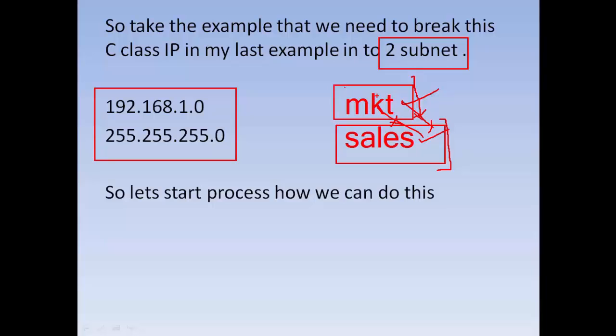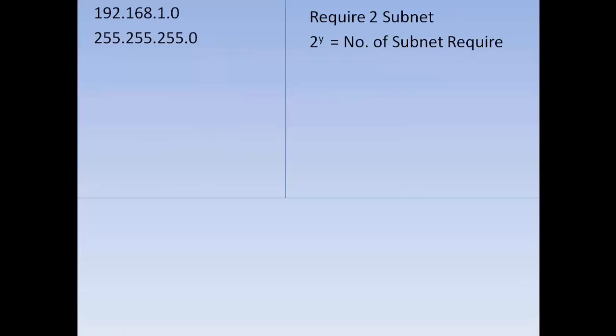Okay, so let's start this process and see how we can do it. It's nothing complicated, you just need to understand the concept. So the default is this one, 192.168.1.0, the network ID that I want to divide into two different subnets.